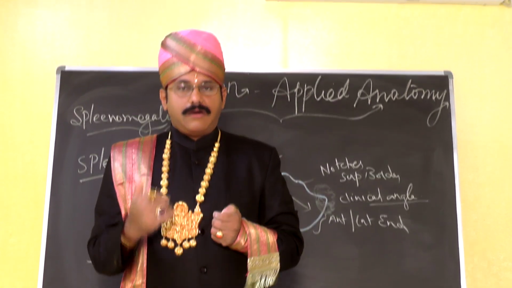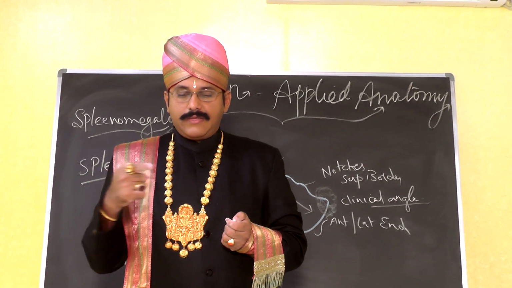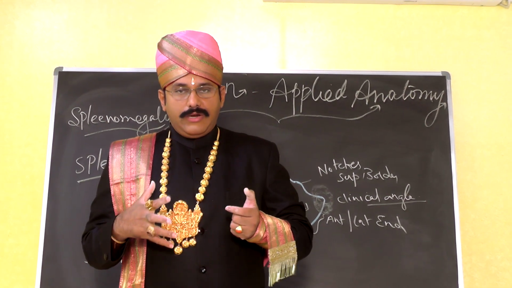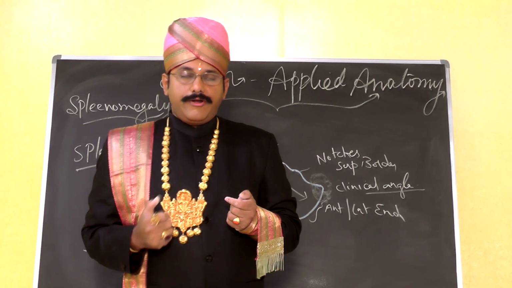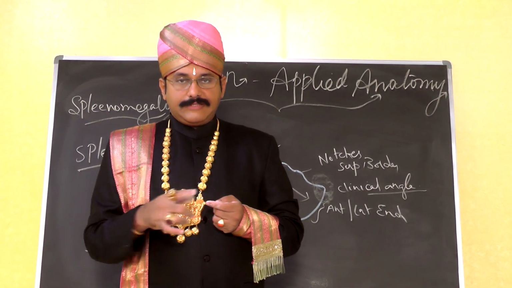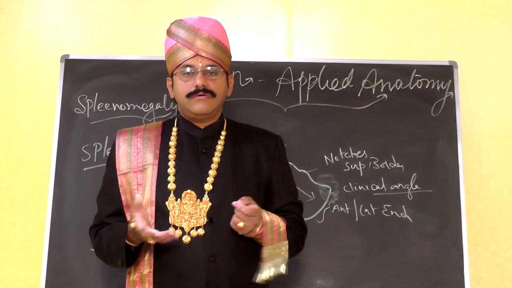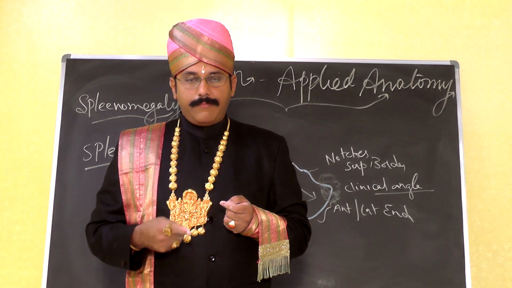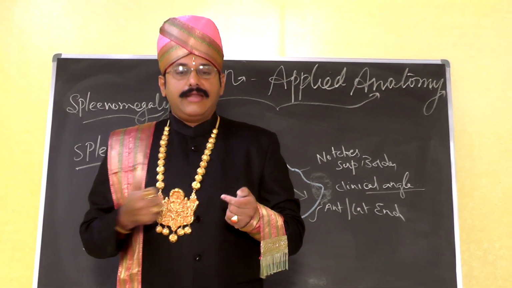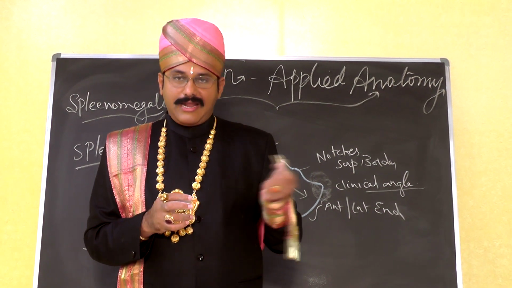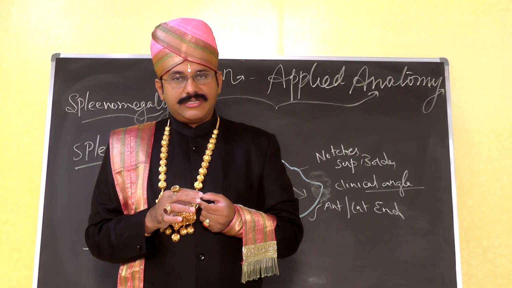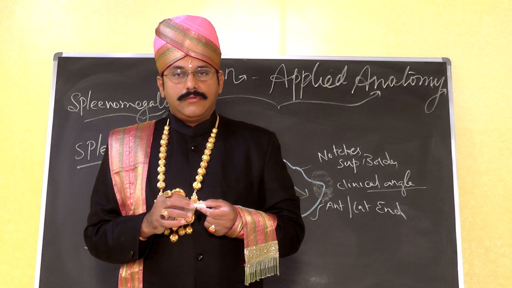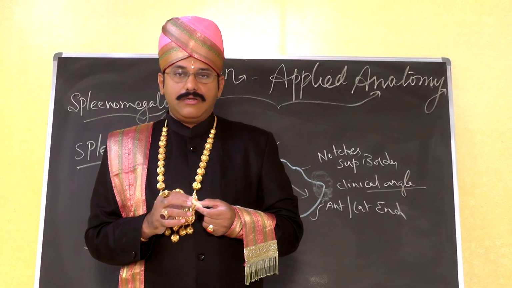When the patient is holding his breath, you introduce the lumbar puncture needle into the spleen so that there is no laceration of the spleen. If the person is breathing, the needle will move up and down. So the person should hold his breath, and then you do the splenic puncture, and with this you can also record the pressure present in the portal vein. And inflammation of the spleen is called splenitis.